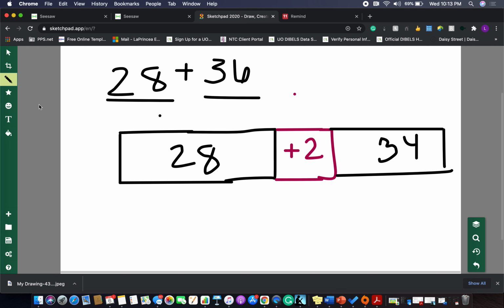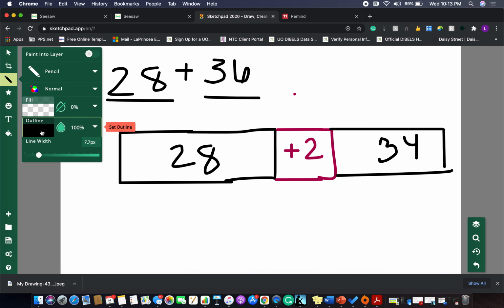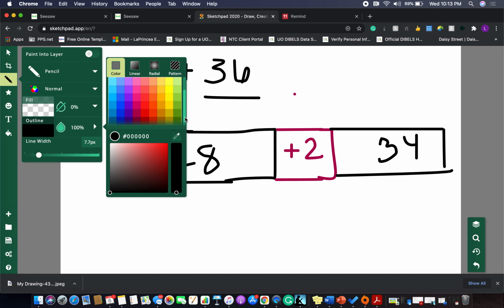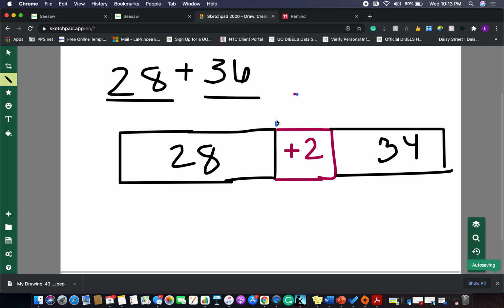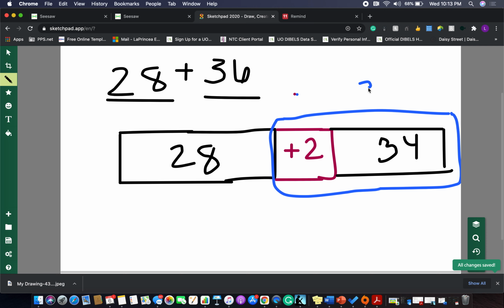So I'm going to do the same thing that I did on the first problem, and we're going to make 2 equal equations. I'm going to first start by using 34 and 2. And what is 34 plus 2? 36.